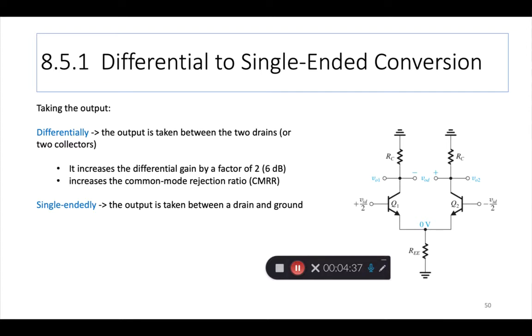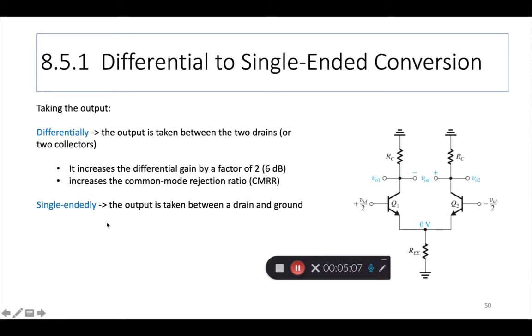So the output VOD, the output signal voltage, is VO2 minus VO1, right? Single-endedly means the output is taken between a drain and ground. That means either VO1 or VO2 can serve as the output, if we are interested in taking it single-endedly.